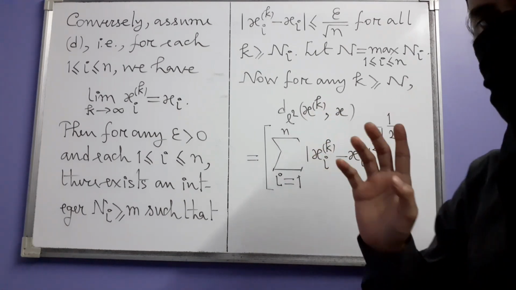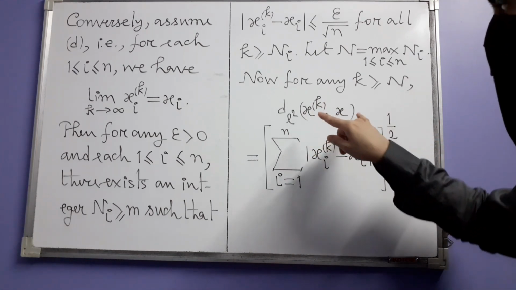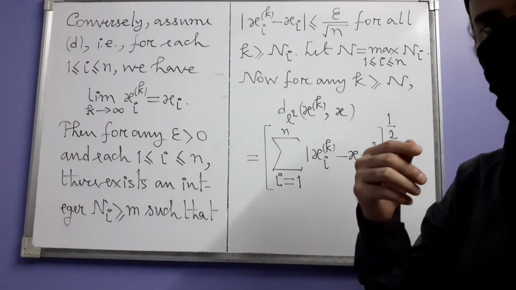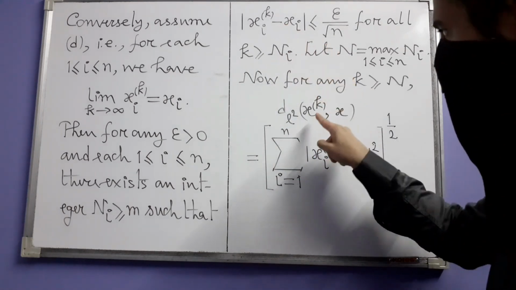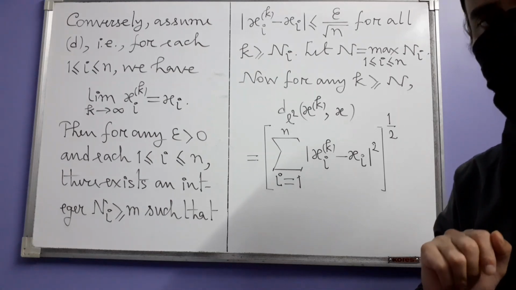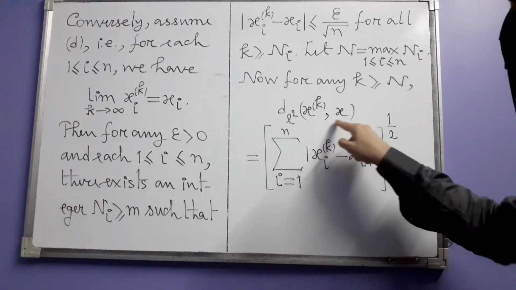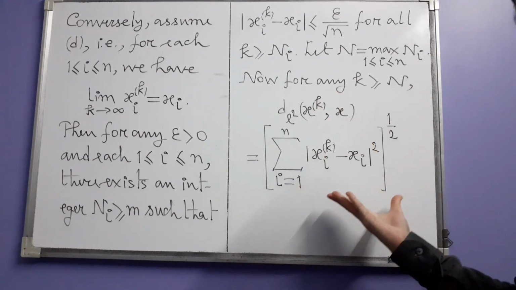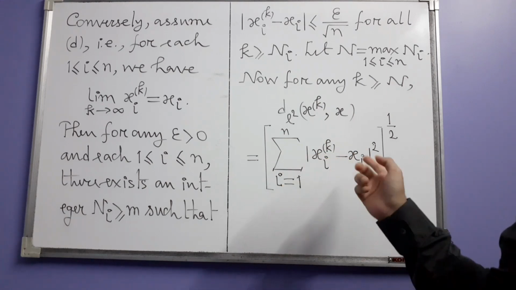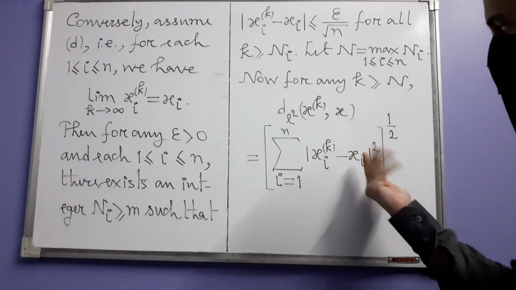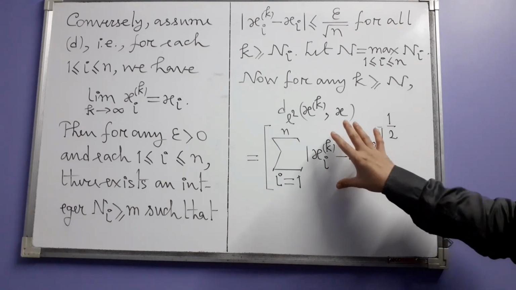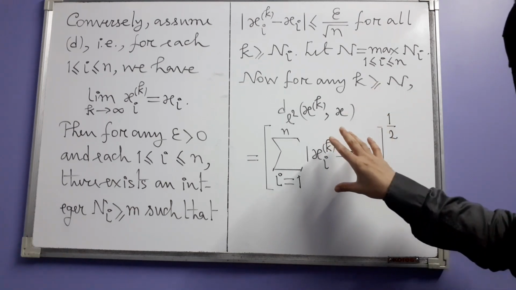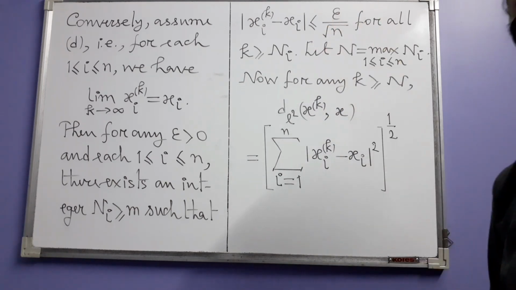Here you do not see any i immediately, because all the i's are being taken into account simultaneously, because these are n-dimensional vectors. So by definition, this is just the square root of the sum of squares, as you already know.